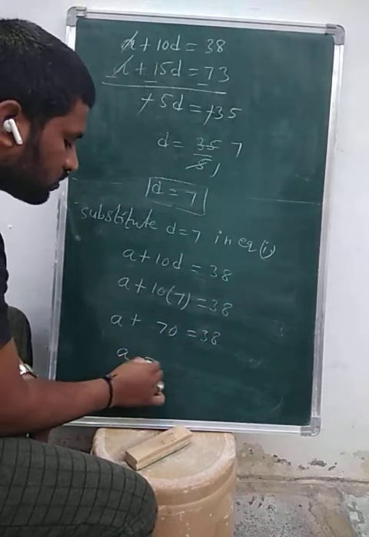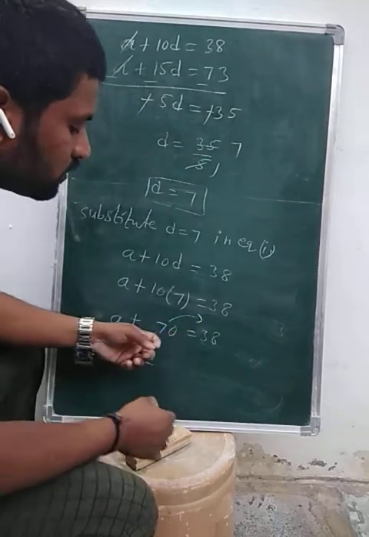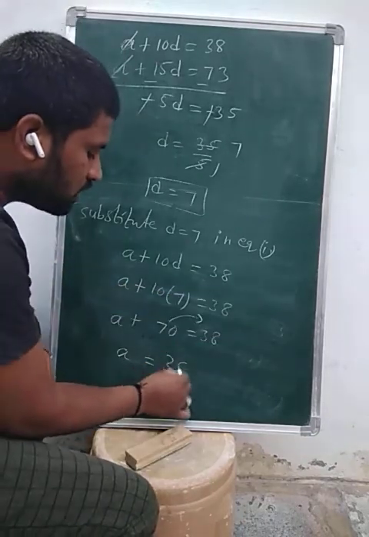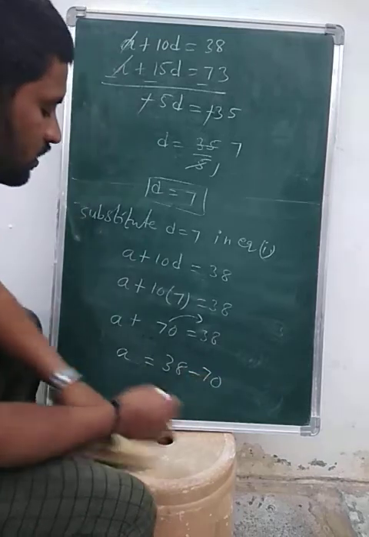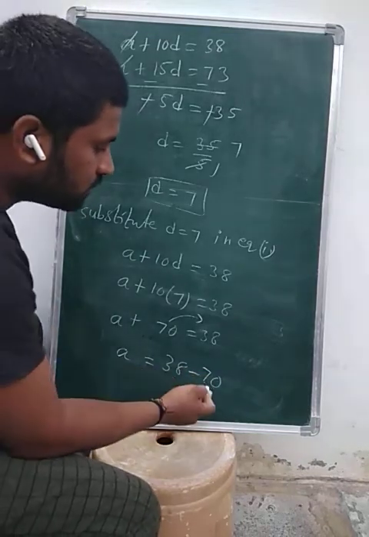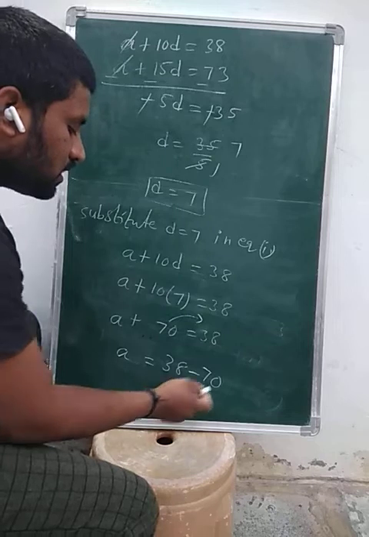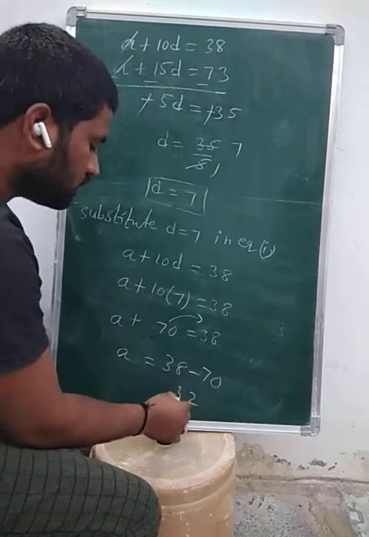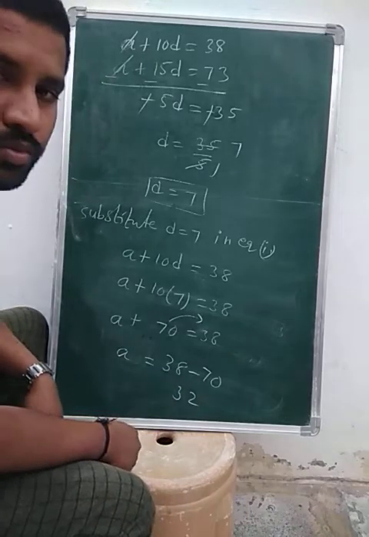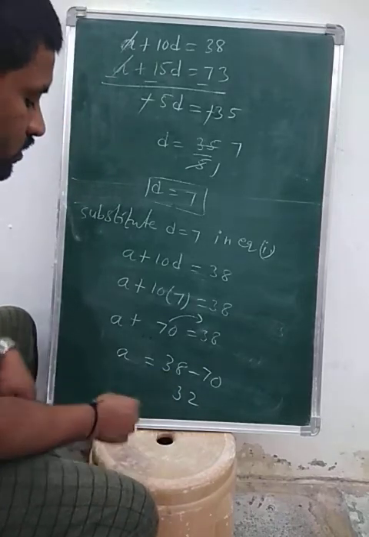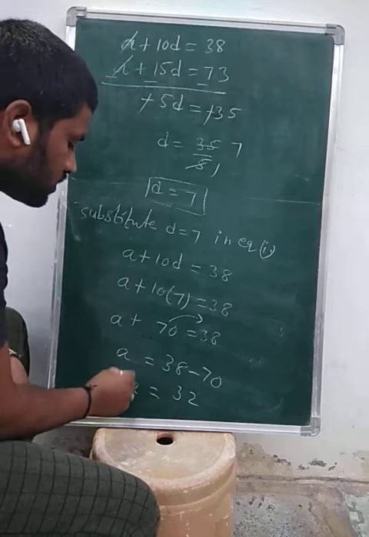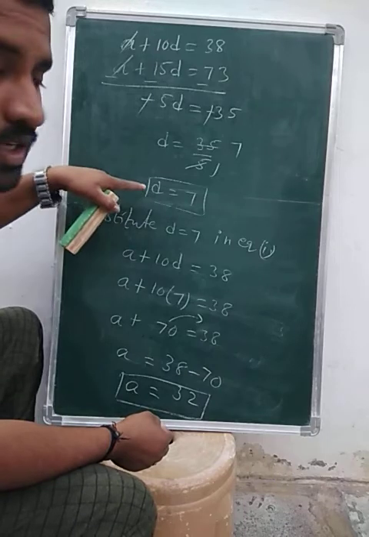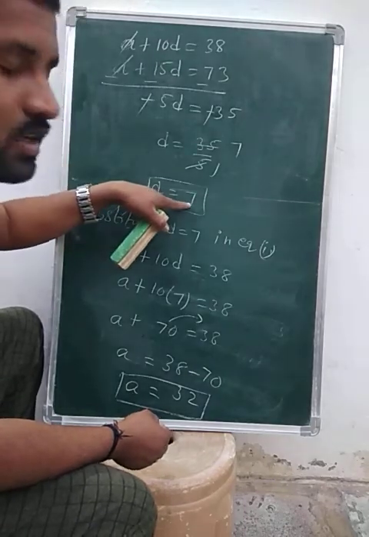Now A is equal to, by transposing plus 70 from LHS to RHS, it becomes minus 70. Now A is equal to 38 minus 70, that is minus 32. So the first term A is equal to minus 32, and the common difference of the AP is 7.